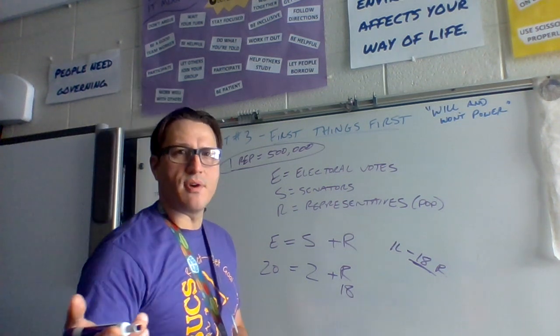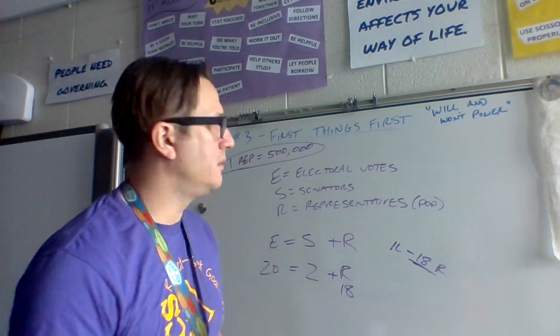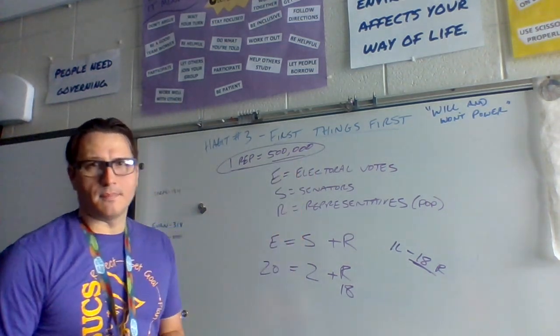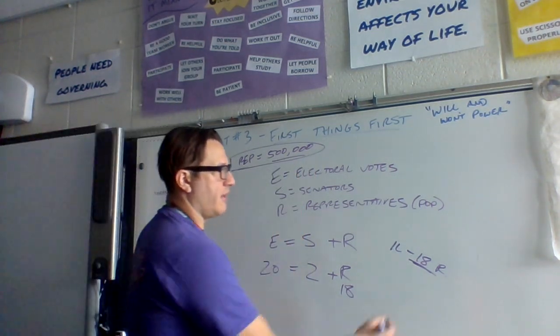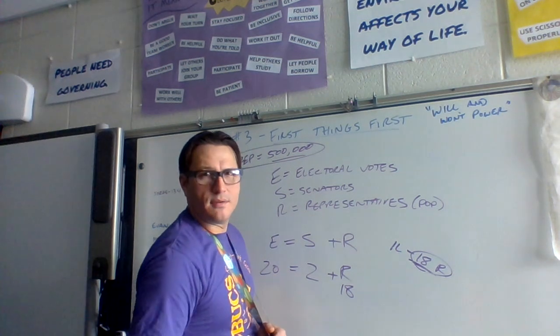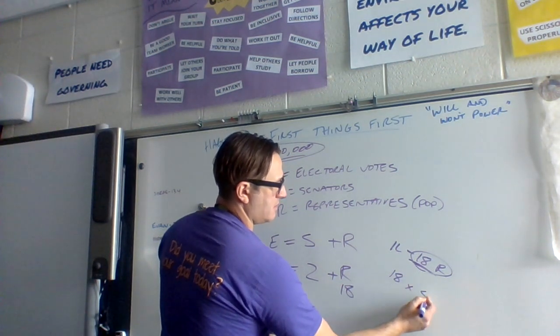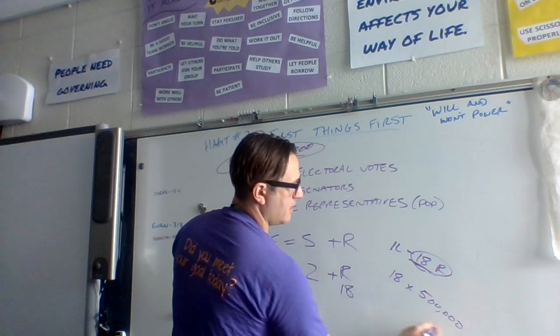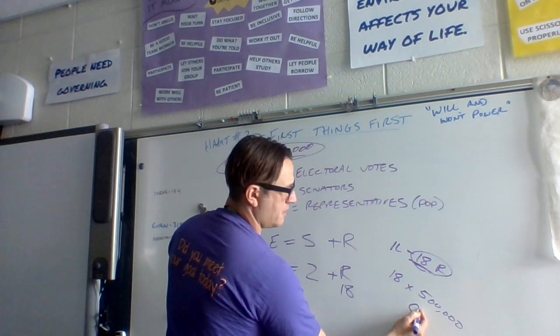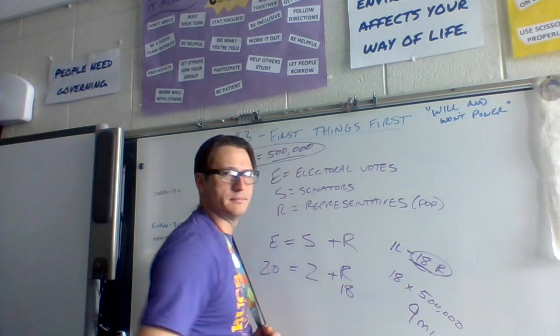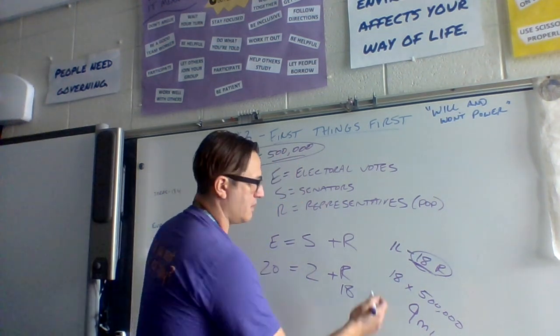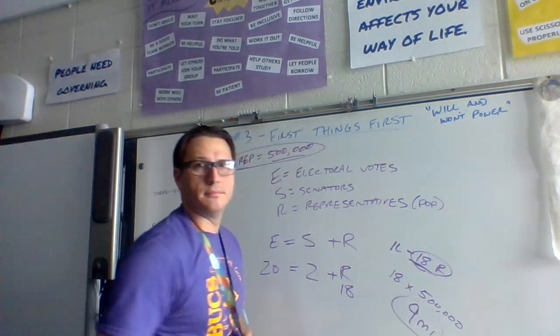Sure, you take the number of representatives times 500,000. So 18 times 500,000, and you're going to get 9 million. Sorry if you can't see that. 9 million people. Okay?